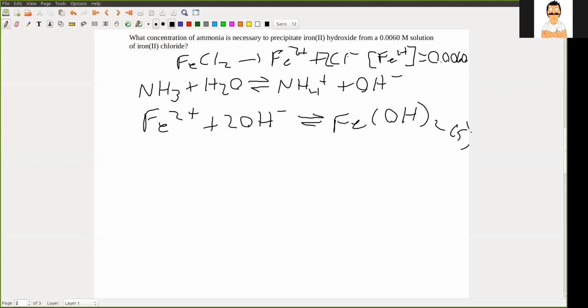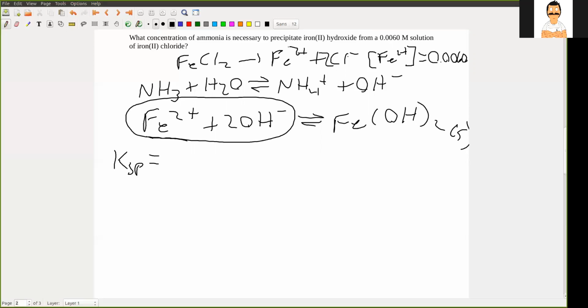So we'll start with writing a solubility product equation. Ksp is our solubility product, and typically it's products over reactants. I wrote this in the reverse order, but the main thing with solubility product is you're just multiplying your ionic species.